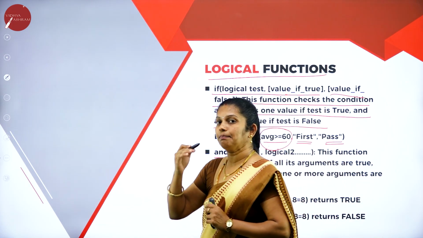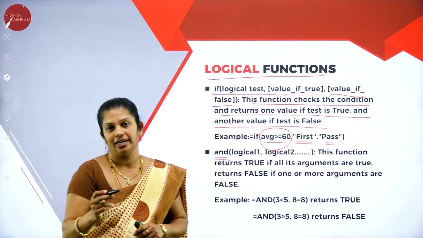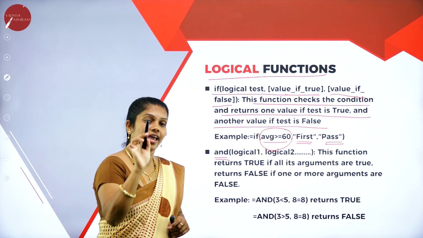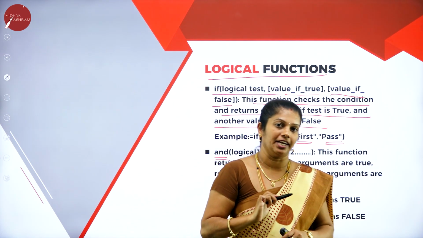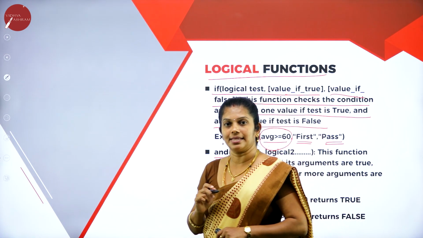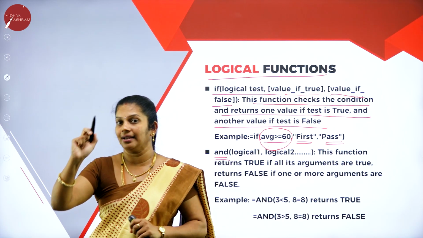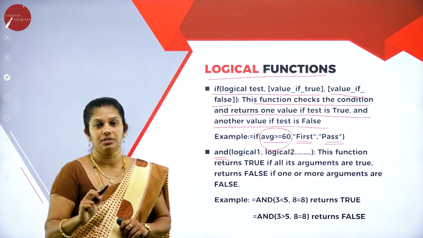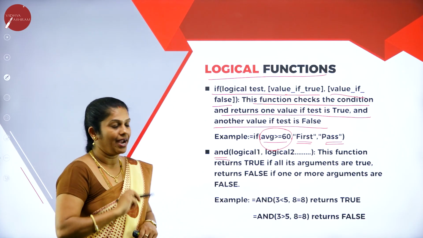We say the result is pass when each and every subject must be greater than or equal to 35, then only we can say pass. It means first subject and second subject and third subject and fourth subject, there we are using the concept AND.